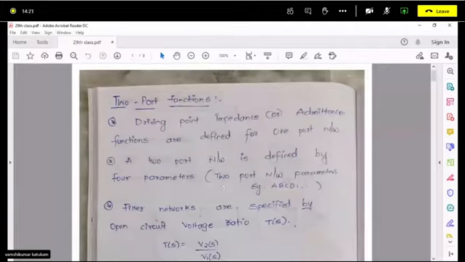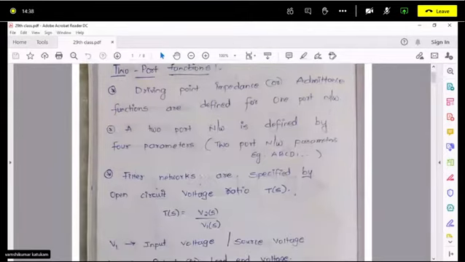Like ABCD, or Z11, Z12, Z21, Z22. In case of a two-port network, we have the transfer function. What is the transfer function? T(s) is V2(s) upon V1(s).